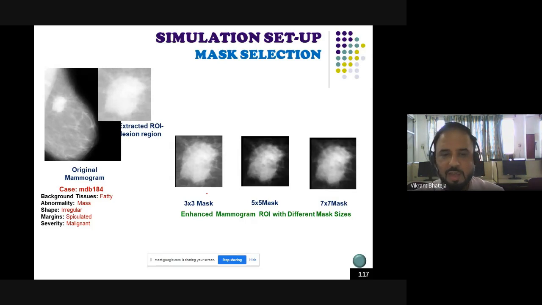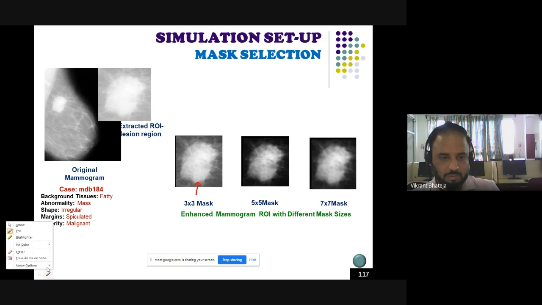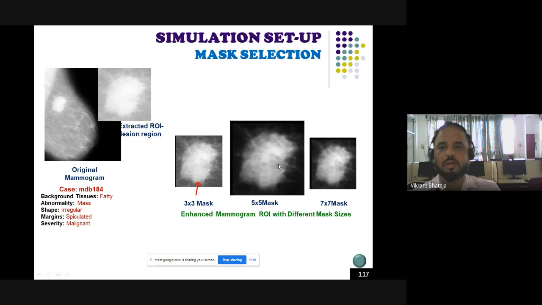So coming to the simulation setup, as I told you, you are finalizing a filtering mask when you are applying these linear or quadratic or polynomial filters. This is your input image, and this is the response of the 3x3 mask. Then this is the response from a 5x5 mask.